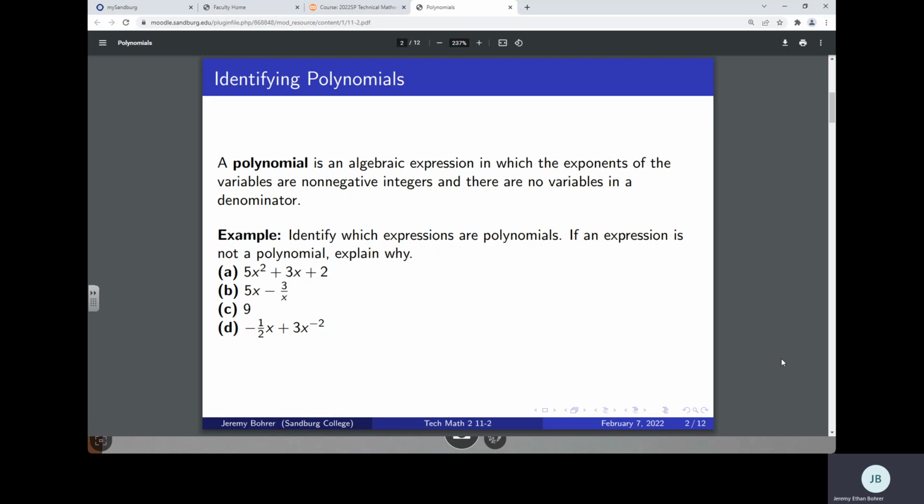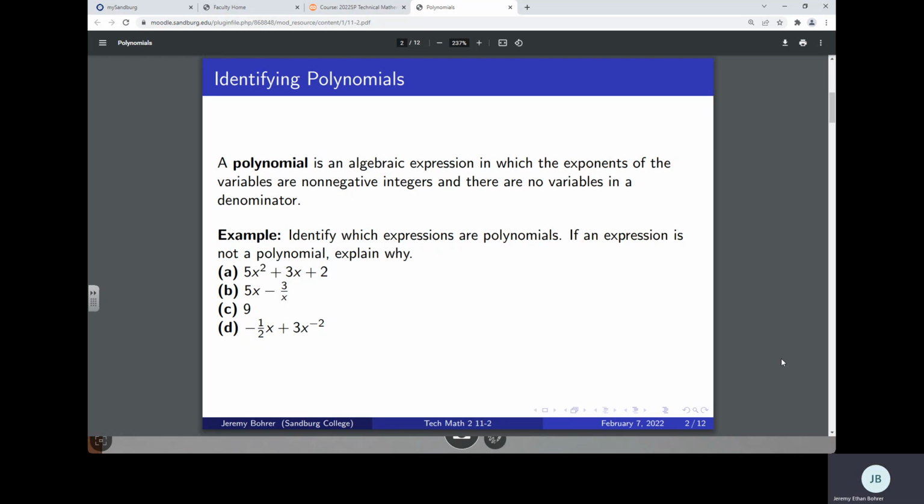The second one, B, 5x minus 3 divided by x is not a polynomial because, as we can see in the definition of the polynomial above, there can be no variables in a denominator in a polynomial. In C, we could write this as 9 times x to the 0.